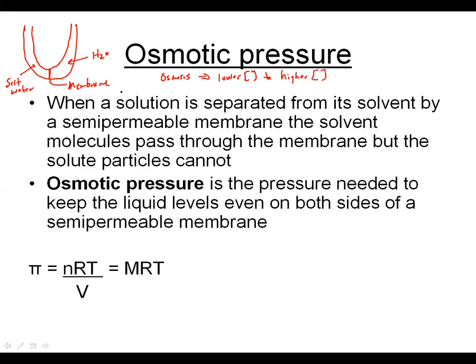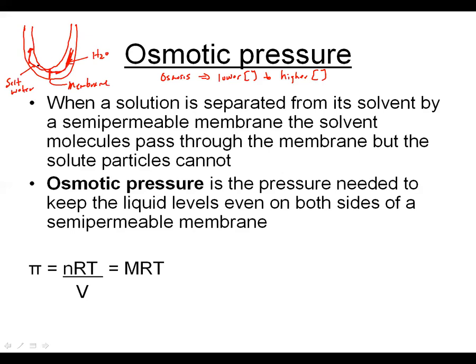So in this situation, the solvent water molecules on this side, which is lower concentration, are going to flow over to the other side where there's salt and particles dissolved in it, in an effort to dilute the other side down.